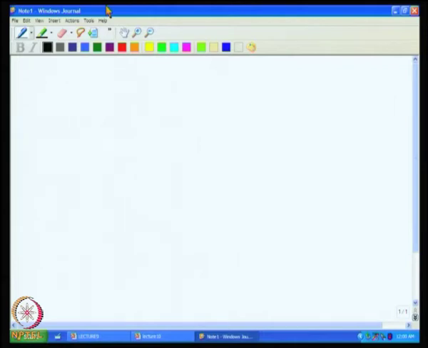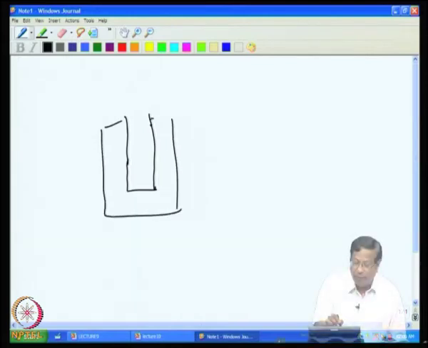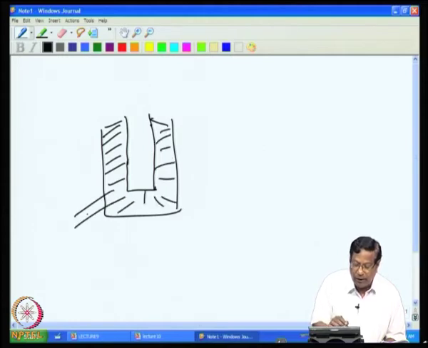You can draw something like this. This is a spectrophotometric cell, and this is encased in a compartment like this, and water would be circulating, water in, water out.